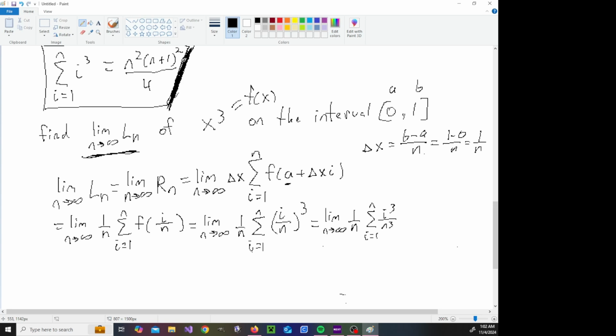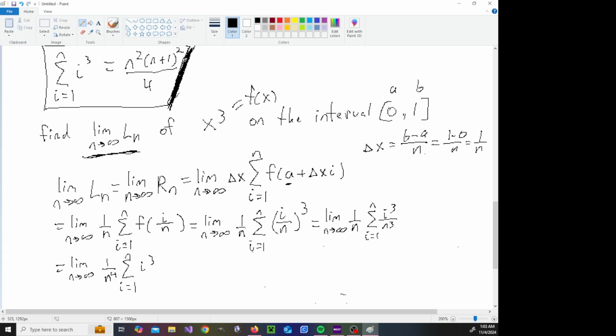So I can pull this n cubed out of the summation and write it like this. Because I have an n in the denominator on the outside already, and then I move 3 more to the outside, I'm going to end up with 1 over n to the fourth. And then on the sum, my index parts are staying the same, and I just have i cubed left on the inside.